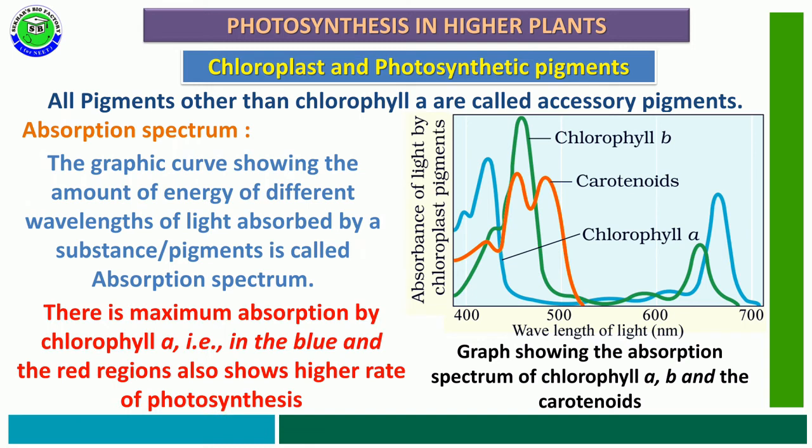There is maximum absorption carried out by chlorophyll A pigments, and it is shown at the blue and red color portions with a high rate of photosynthesis. So with this absorption spectrum, we can understand the amount of light energy absorbed by different pigments at different wavelengths.